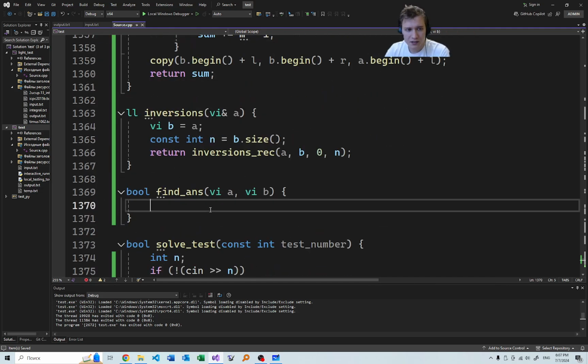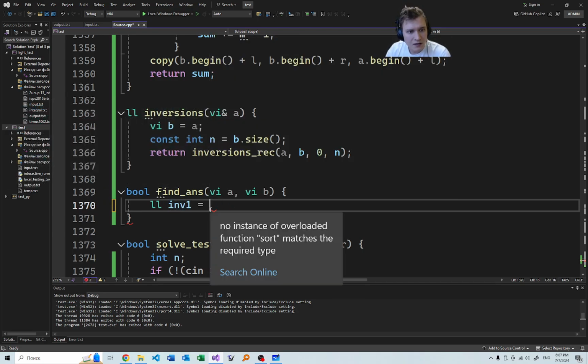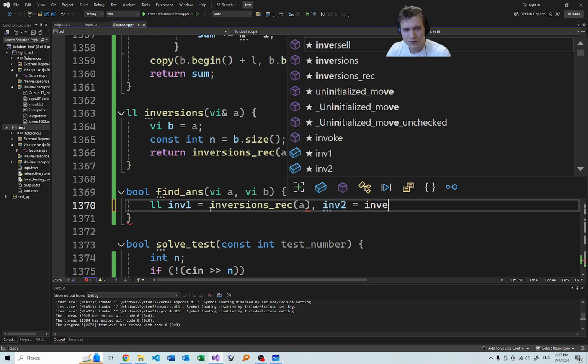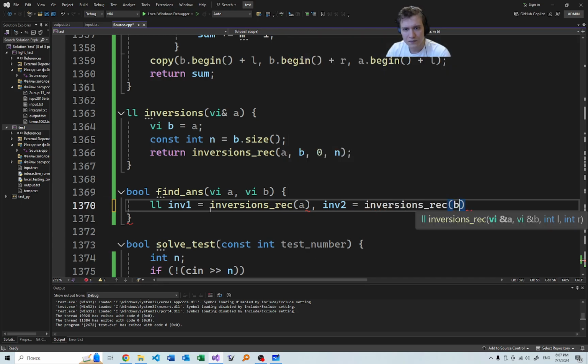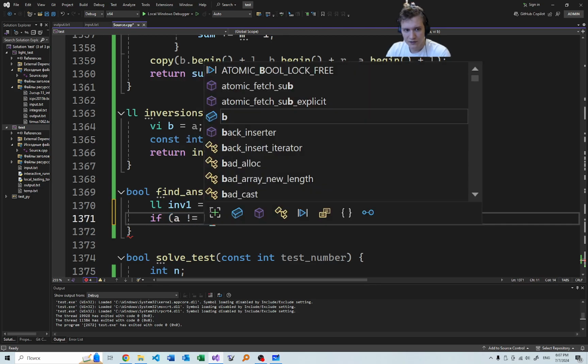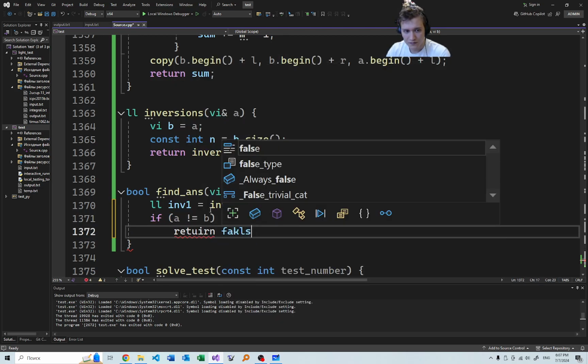So okay, here we go. So inv1 is inversions rec of A. Inv2 is inversions rec of B. Now if A is not equal to B, then return false.